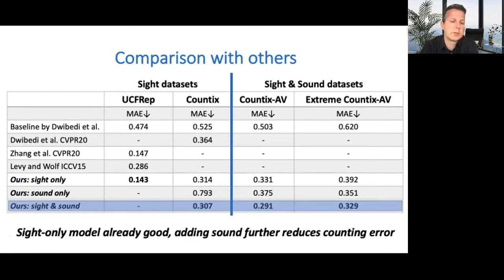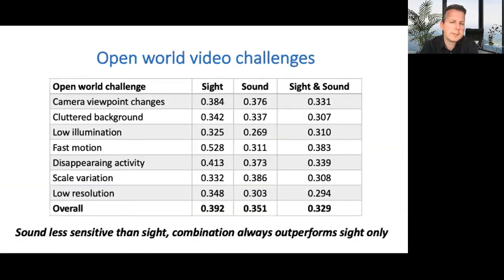So the sight-only model is already good, and adding sound further reduces the counting error. This table I find more interesting, and it shows results on the extreme Countix AV test set, where we have identified a number of open world challenges and report the influence of sight, sound, and their combination.